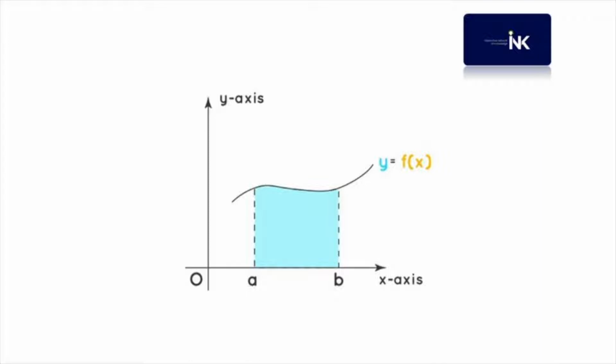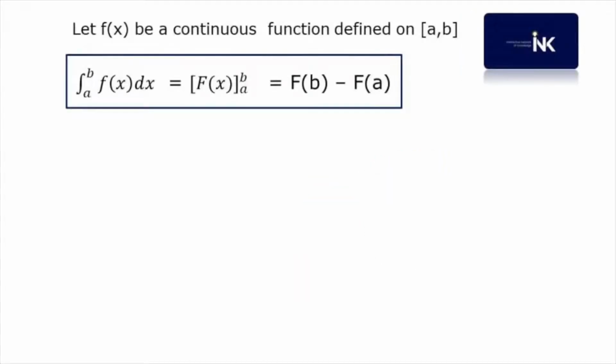We have some theorems. Based on the theorems, we'll be finding the area bounded by this curve from the point A to the point B. So what is the theorem? The fundamental theorem of calculus. Here let f of x be a continuous function defined on the closed interval a comma b. So here the interval is closed.